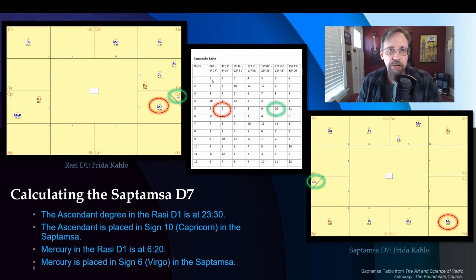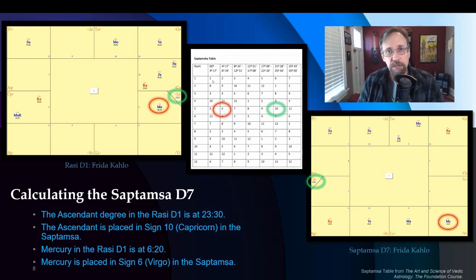So vargas are calculated and interpreted by considering signs as energetic fields. When a planet falls in a specific numerical division of a varga, that subdivision will have the exact same energetic quality of one of the 12 signs. The energetic quality of that sign is going to color the perception of a planet's immediate environment.